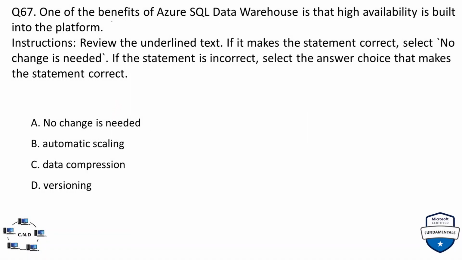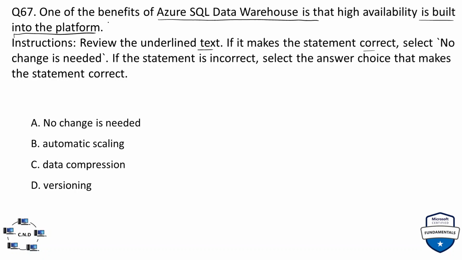Question number 67 is that one of the benefits of Azure SQL Data Warehouse is that high availability is built into the platform. Instructions about the question are to review the underlined text. If it makes the statement correct, select no change is needed. If the statement is incorrect, select the answer choice that makes the statement correct.